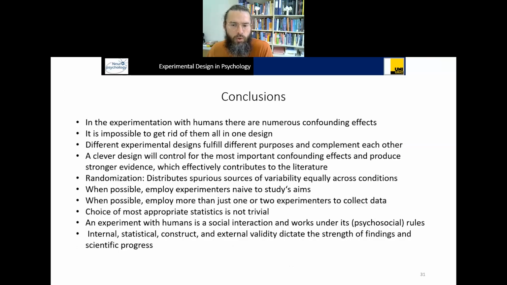Then, an experiment with humans is a social interaction and works under its psychosocial rules, which can be quite complex. And yes, internal, statistical construct and external validity dictate the strength of your findings and scientific progress. So for you to know whether you are just wasting your time conducting a study or doing something important, these are the criteria to judge your efforts, right?